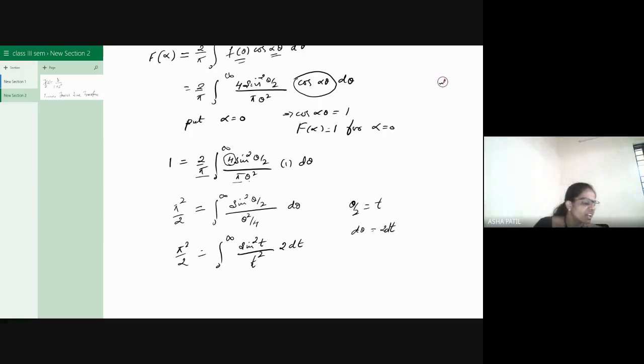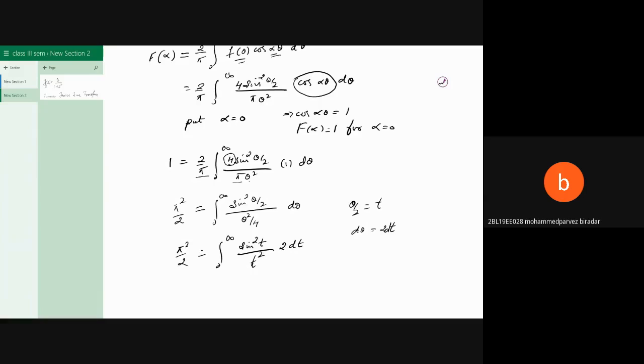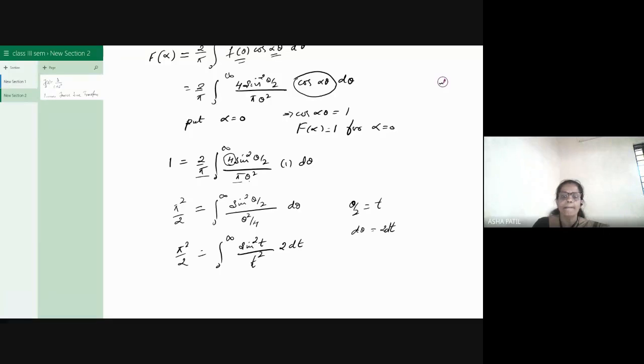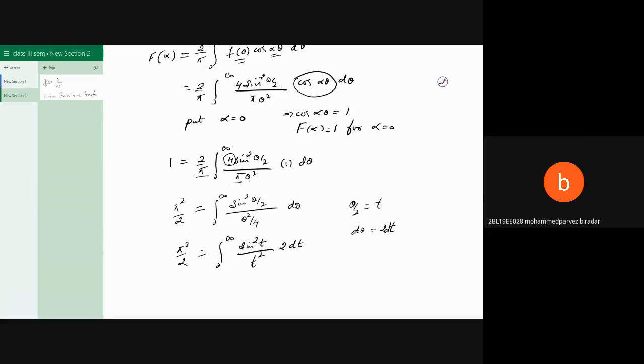Pi square. The answer I have written is pi by 2. Where did I make a mistake? I have written correctly. Did we do any mistake? In the third step, second.